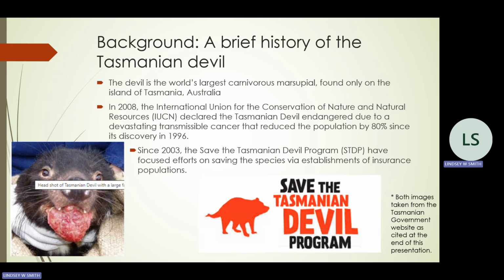So, these controlled populations are really here to supplement the wild populations that are still afflicted with the disease, and they're used for repopulation. At the same time, this repopulation also prevents inbreeding, which is of course beneficial to the Tasmanian devil.